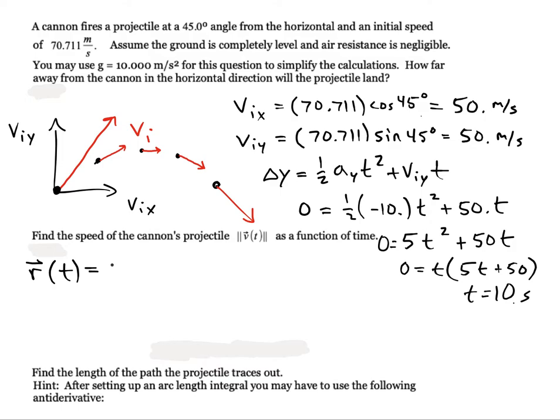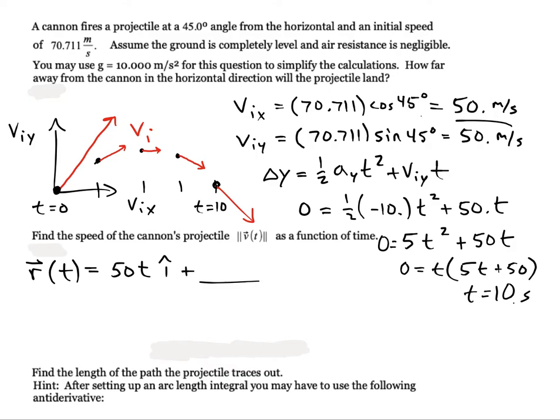So we could set this to 50t for the i component. Then we can start off at t equals 0 and steadily move toward the final location where it hits, and that can be t equals 10 when it hits. But now, how do you come up with an expression for the vertical position?